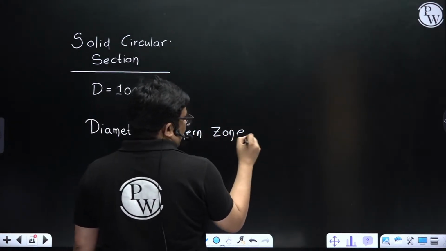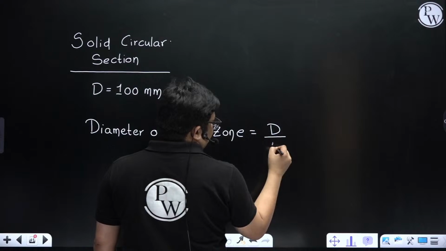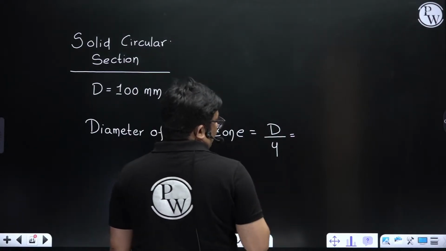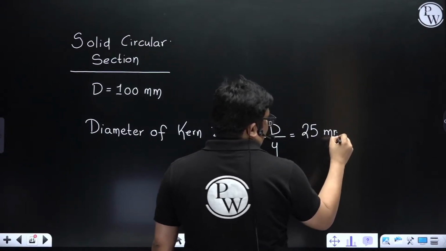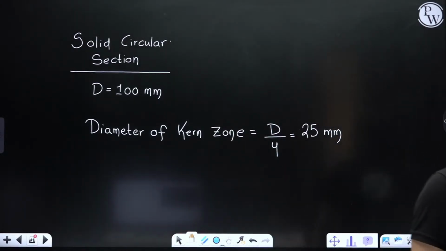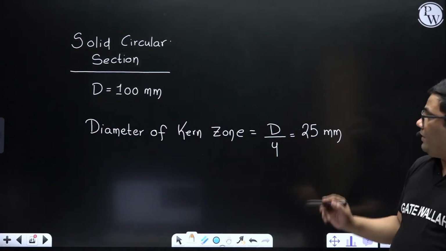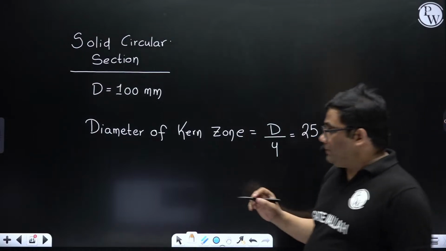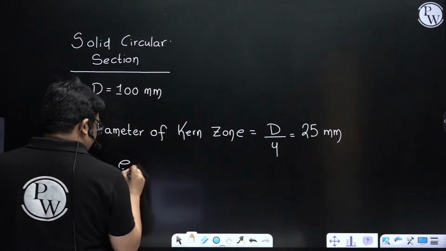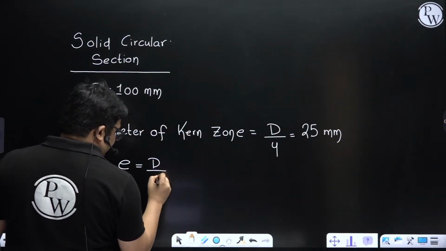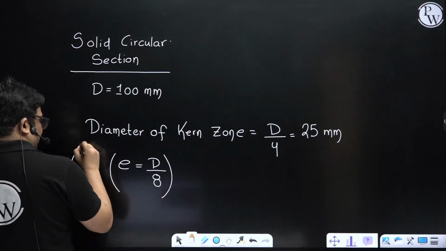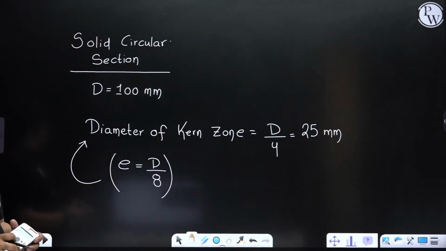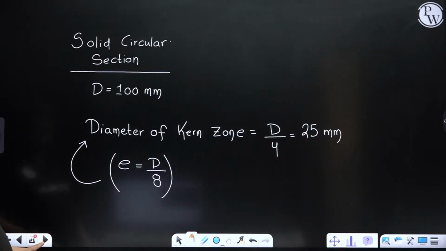Only D by 4, because I have already found out that eccentricity will be D by 8. So D by 4 is 25 mm. The diameter of the core will be 25 mm, because eccentricity D by 8 means the diameter of the core will be twice of that.